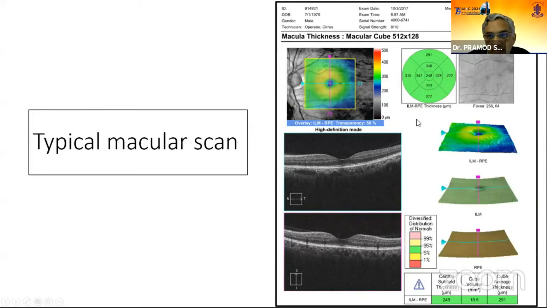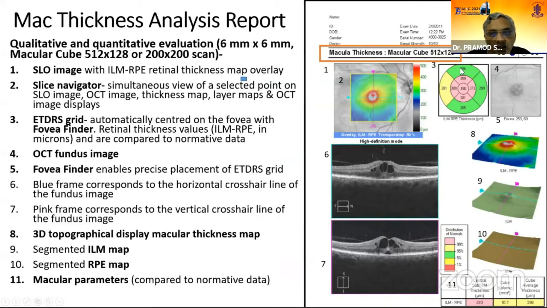A typical macular scan report, as you see, we can just get this printout. We'll go into detail with that. This is the macular thickness analysis scan. You have an SLO image with an ILM-RPE thickness map overlaid on it, and the ETDRS grid automatically gets centered on the fovea with a fovea finder, which gives exact thickness values as I mentioned earlier.